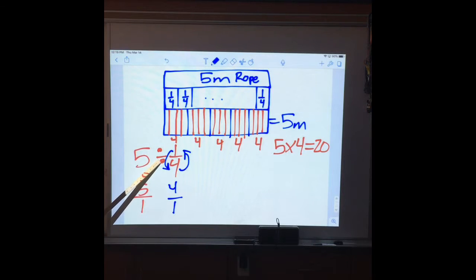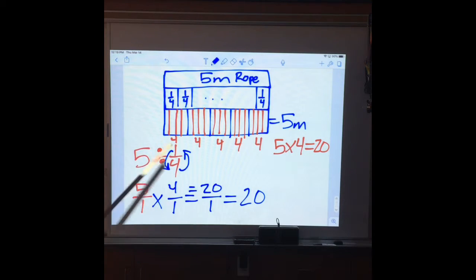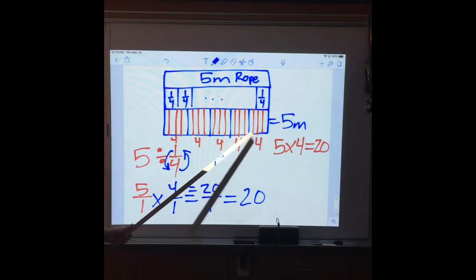I need to make the opposite sign of multiplication. And this is going to give me 5 times 4 equals 20. 1 times 1 is 1. 20 over 1 is what? 20, right. So I have 20 fourths.